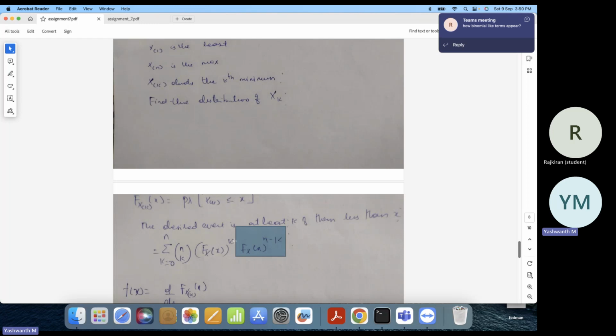Okay, that's what I was saying. So basically, this is like at least k of them. Now let's bother only about k. K plus one, and so on up to n can happen, right? So let's worry only about k. We definitely want k out of n random variables to be less than x.